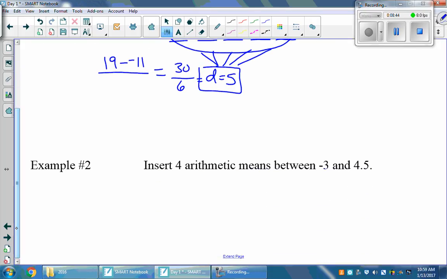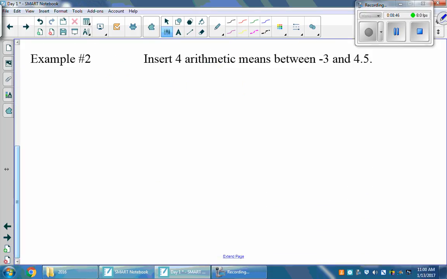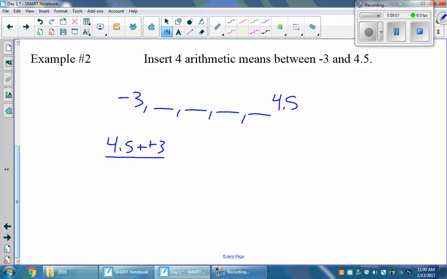Here it comes. Insert 4 arithmetic means. This just means 4 spaces. Negative 3, 1, 2, 3, 4, 4.5. So I'm going to subtract them. Well, minus negative 3, which is plus 3, so I get 7.5. And I'm going to divide it by 1, 2, 3, 4, 5. So what is that? 1.5.